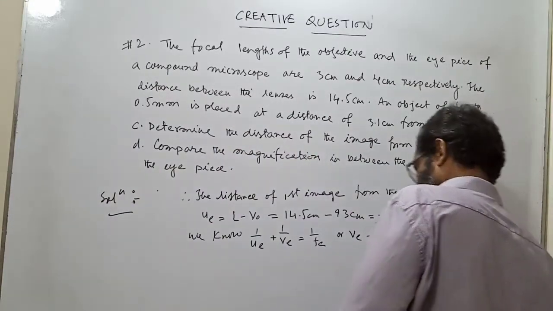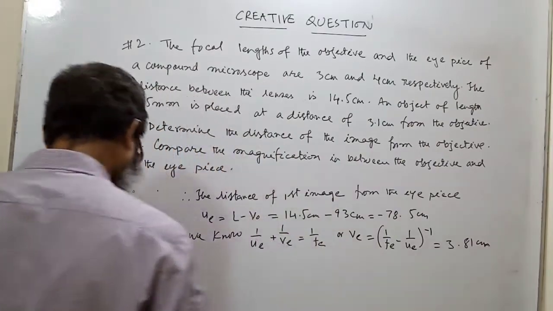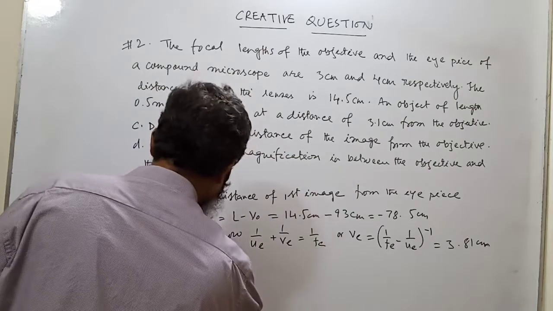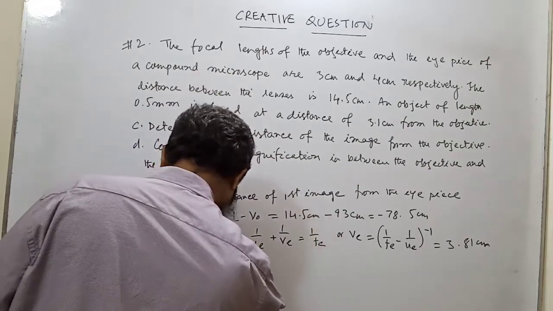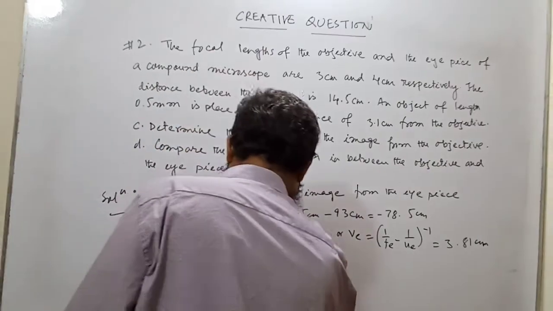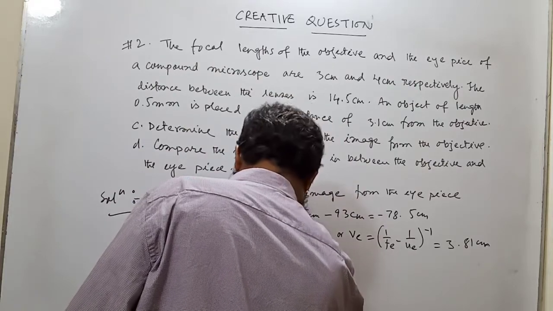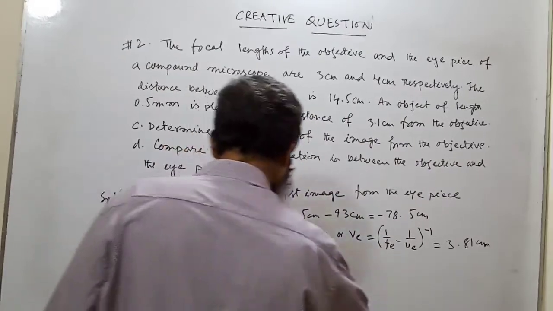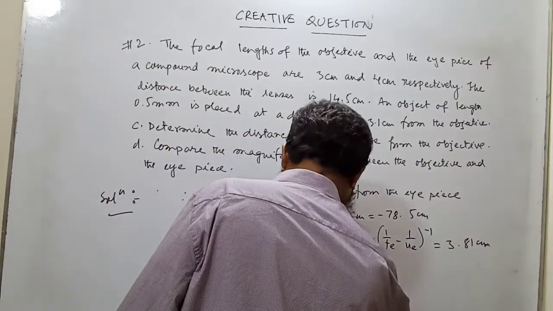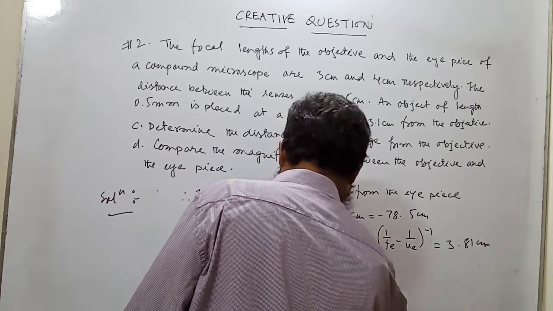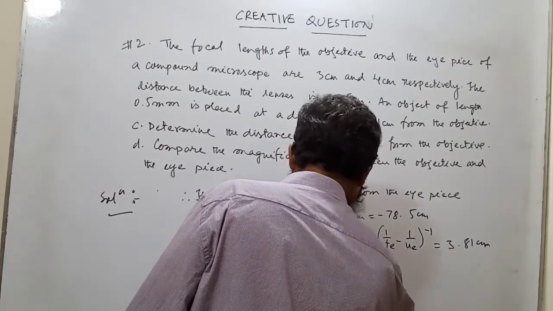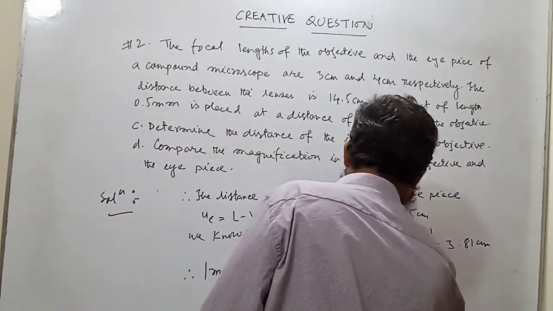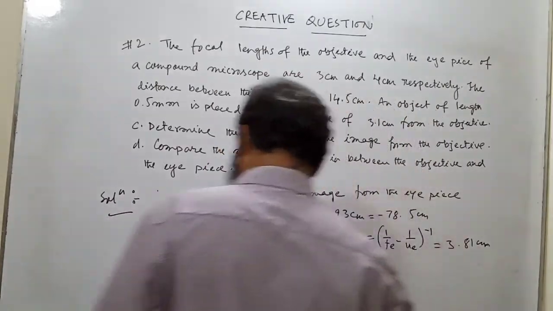Therefore, the magnification of the objective, modulus of m naught, that is v naught by u naught, is equal to 3.81 by minus 78.5, which is equal to 0.05.